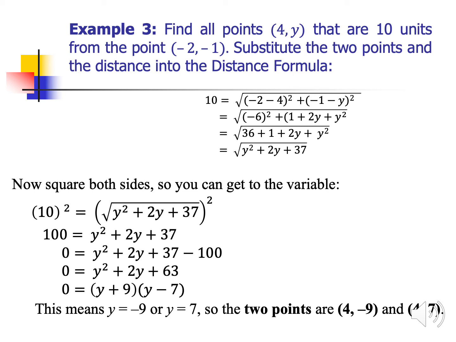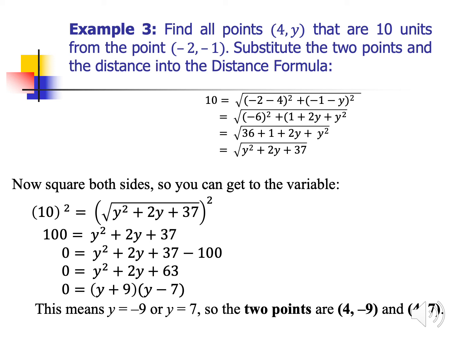simplifying this one, you are squaring a binomial, so you have 1 plus 2y plus y squared. So you have 36 plus 1 plus 2y plus y squared, and that is y squared plus 2y plus 37. Now we square both sides, so 10 squared equals y squared plus 2y plus 37. So we have 100, and you remove the square root.